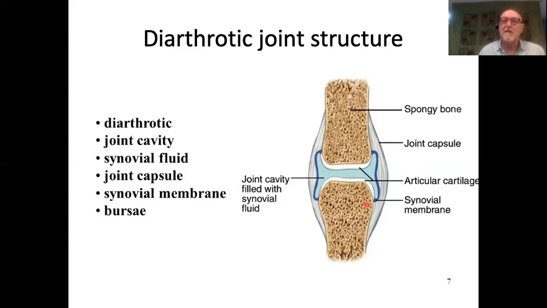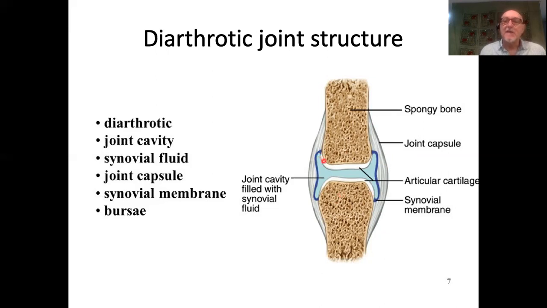This joint here is being cut through, so you can imagine that synovial membrane completely encloses the joint. And here's the synovial membrane here, and it can be going all the way around like a collar, but fixed to the cartilage of the bone there and there. And this synovial membrane secretes a fluid, and it is called the synovial fluid, and it is cushioning and lubricating fluid that fills that joint.